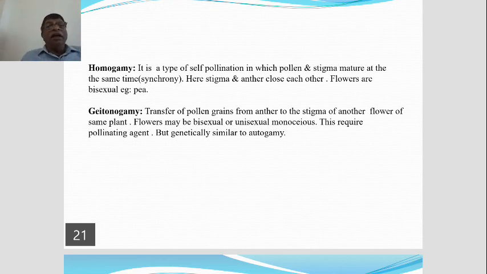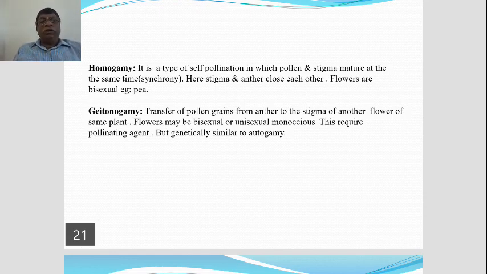And as I already told you, the flowers must be bisexual. A very important point. It is nothing but self-pollination. Example: pea plant.